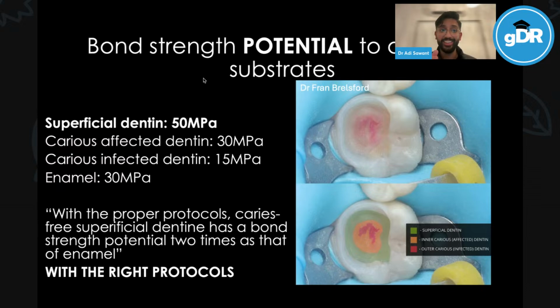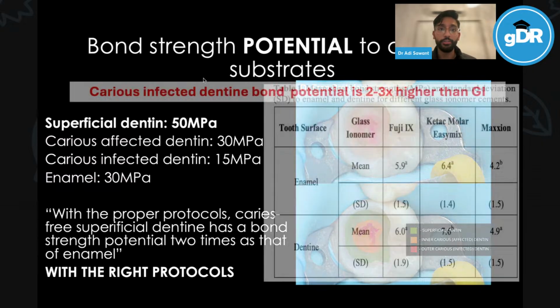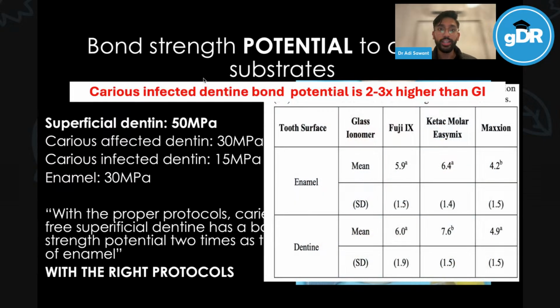Furthermore, you can see that the carious dentine is also reasonably high. Funnily enough, if you look at GI, if I'm bonding to super carious dentine, I'm still getting a bond strength that's 2 to 3 times higher than most GIs.